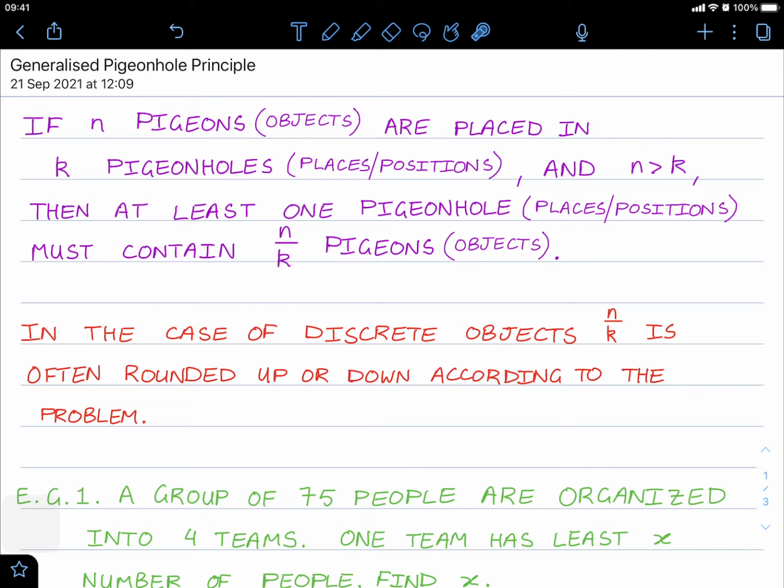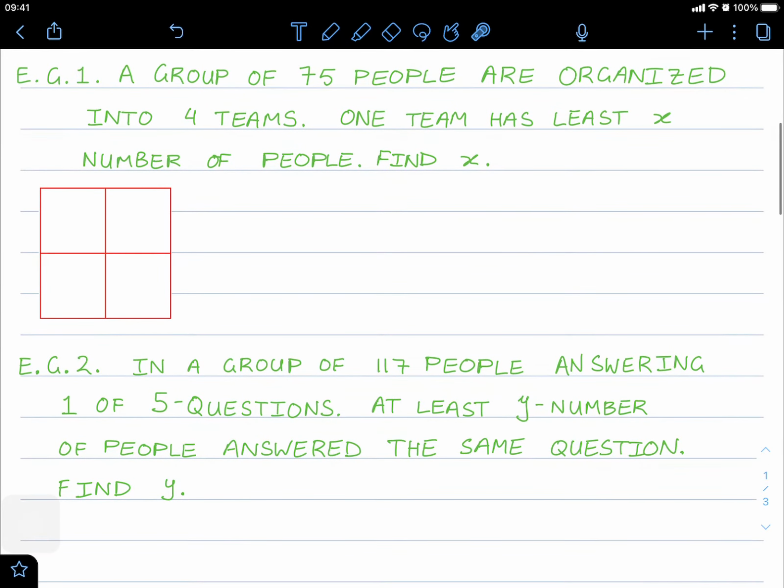In the case of discrete objects, n divided by k is often rounded up or down according to the problem that we're facing. So let's see this in action and how we might apply this concept to these problems here.